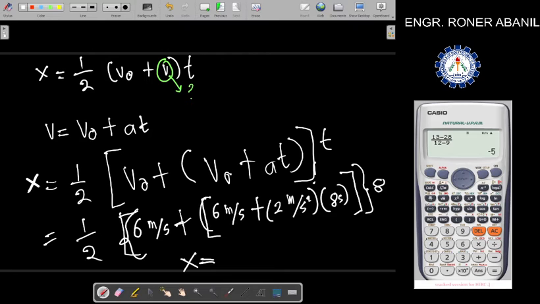So, using calculator na lang, no? So, magiging 1/2. Papasok ngayon si 6. Plus, bracket. 6 ulit. Plus, 2. Pasok natin to. Times 8.